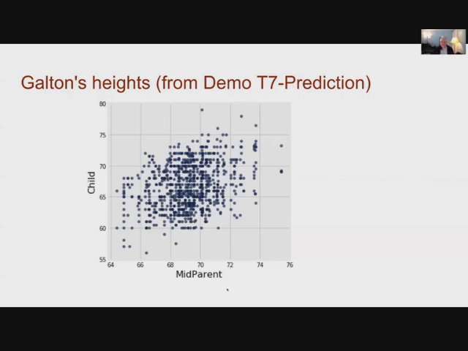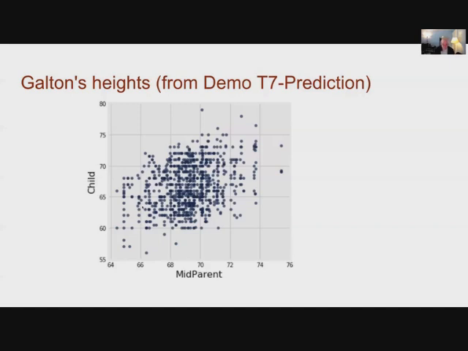And so we settled on this predictor variable, which we called the mid-parent height, and it was just the average of the height of both parents. Okay, so this is the variable. So we take the average of the parents' height, and we were using that to make a prediction for the child.